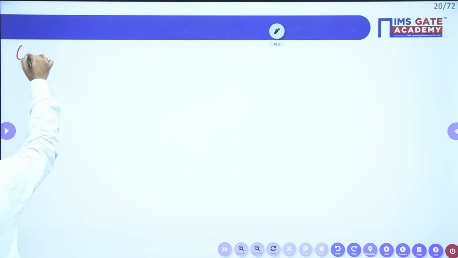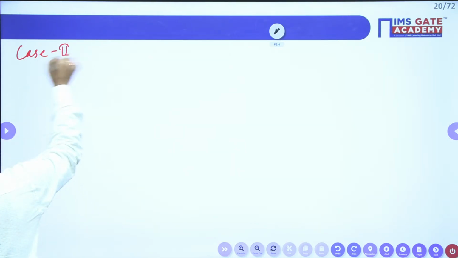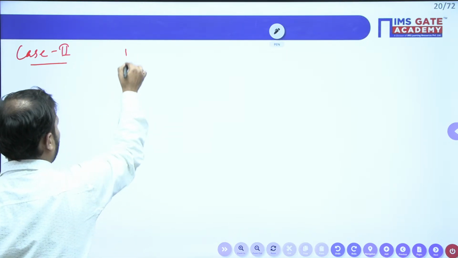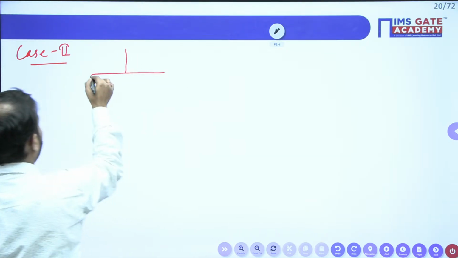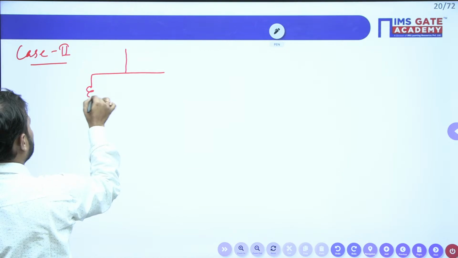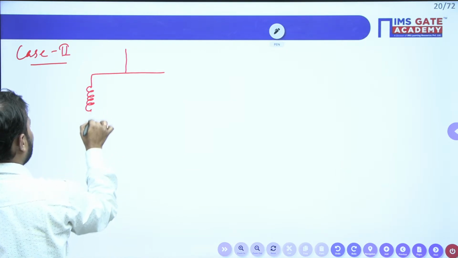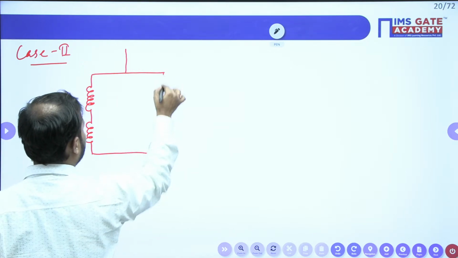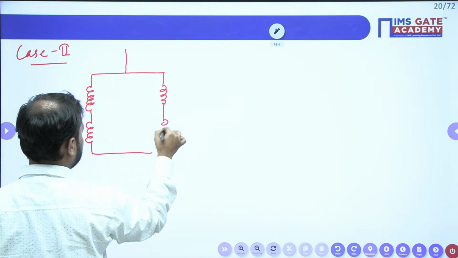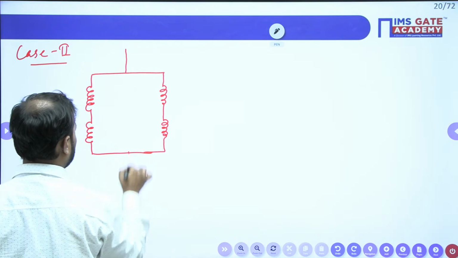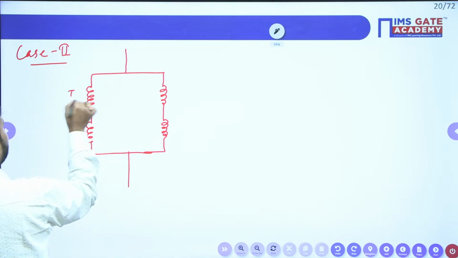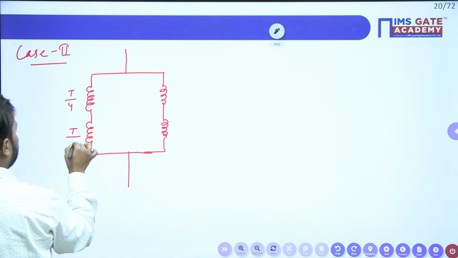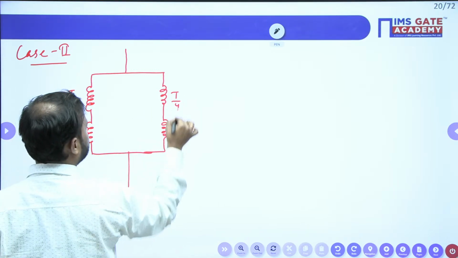Case 2. Case 2 means what? When we have two parallel paths, in which each path has two coils connected in series. So this will have T by 4 turns, T by 4 turns, T by 4 turns, T by 4 turns.